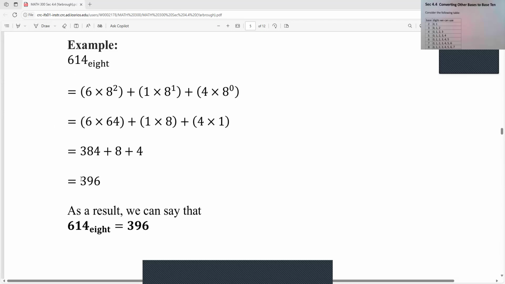You can just go through the math on this, and you can see how 614 base 8 should be equal to 396. If you need to, go ahead and pause the video and look at this a little closer, but you will see that 614 base 8 equals what we would call 396.